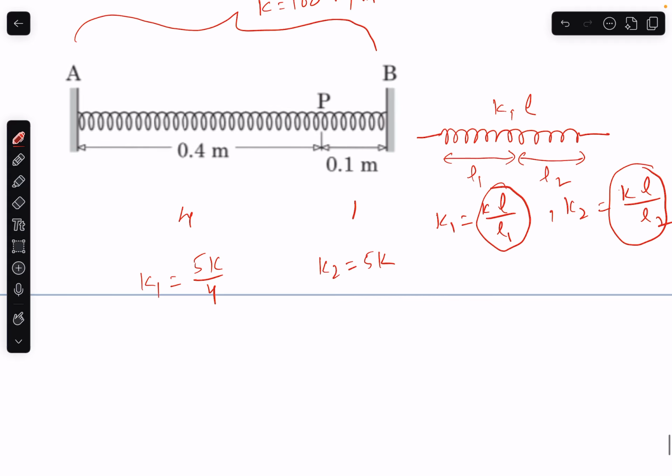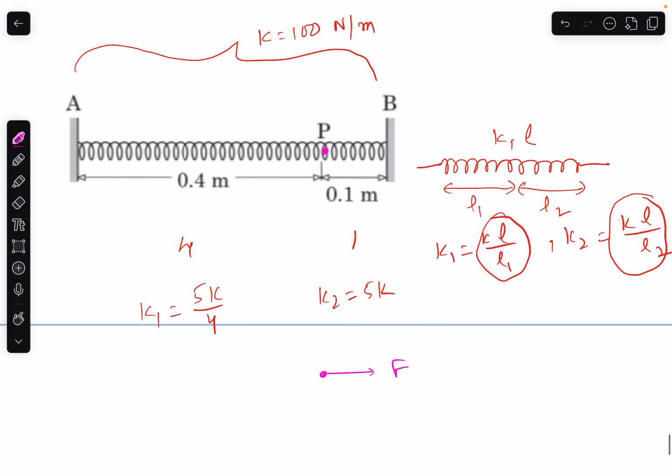Now, if we see the free body diagram, point P is under the influence of an external force F, which is gradually varying. Definitely it needs to be varied because as the point P moves to the right, more force will be required. Let us say the displacement of the point P is x.